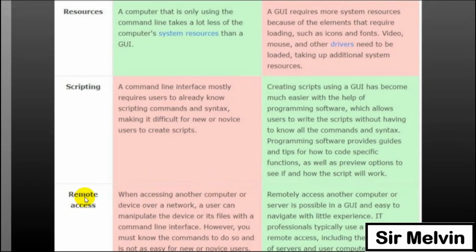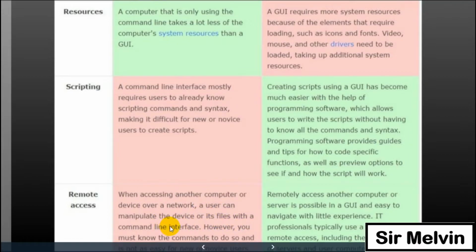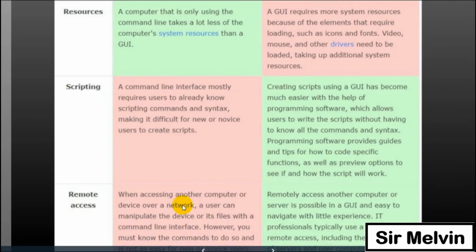The next one is remote access. In CLI, when accessing another computer or device over a network, a user can manipulate the device or its files with a command line interface. However, you must know the commands to do so, and it is not as easy for new or novice users.